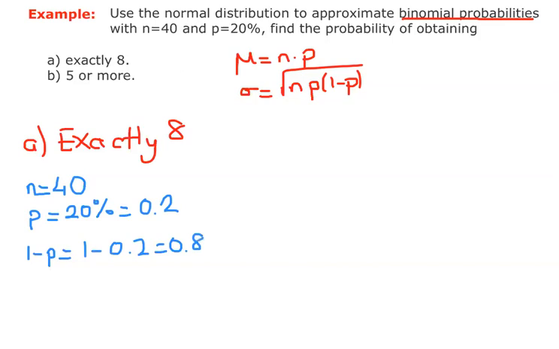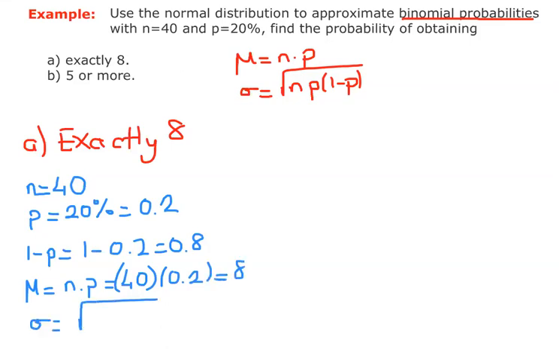From these, can I find mu? Yes, mu is equal to n times p, which is 40 times 0.2, which is going to give us 8. And sigma is the square root of n times p times 1 minus p.